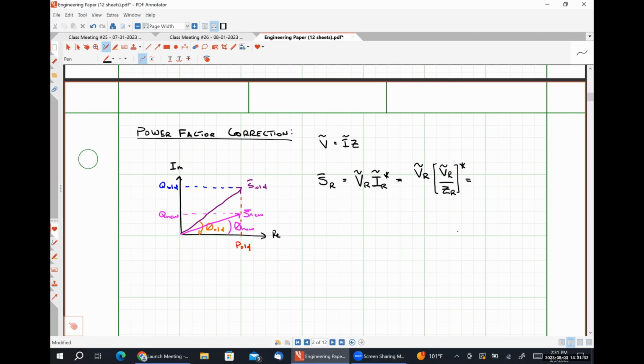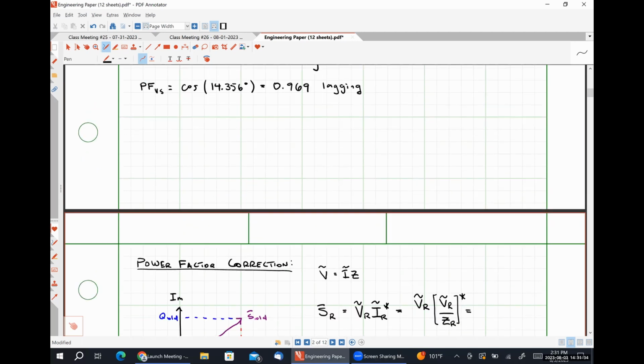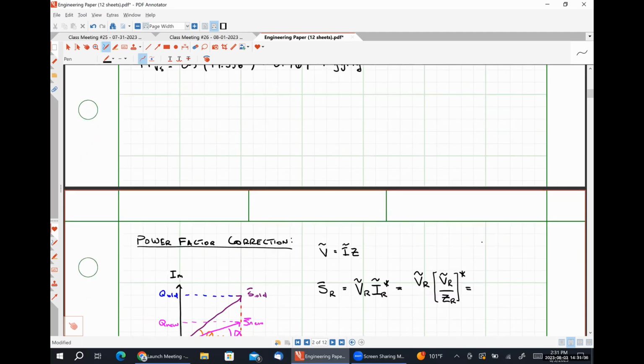So let's explore things here, right? Just as a quick aside, let A have magnitude and angle theta A, and A conjugate has the same magnitude but with the opposite sign angle.